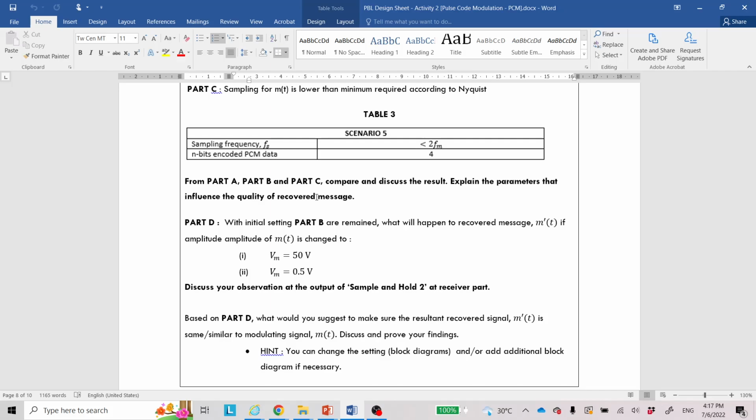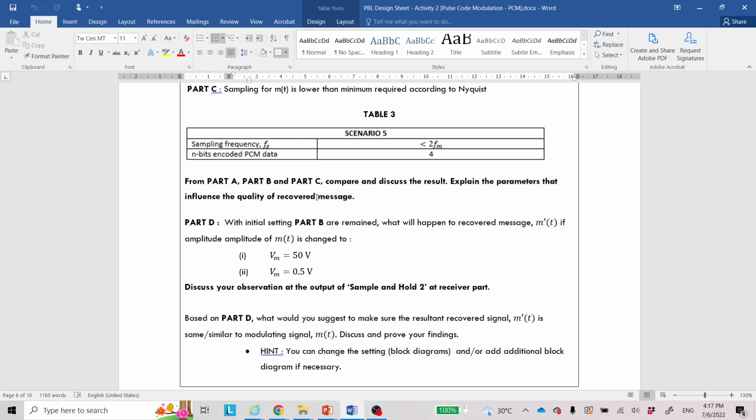Okay, so have a discussion. Make sure when you explain, please explain in detail, because your explanation reflects how you understand the output. Please explain what you can describe from part A, B, and C.